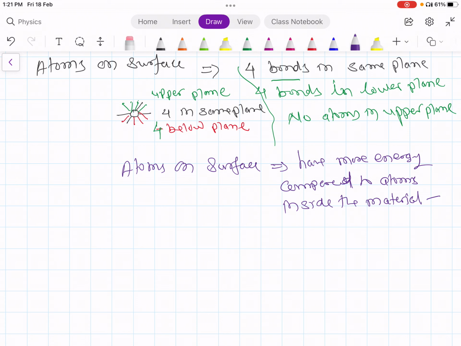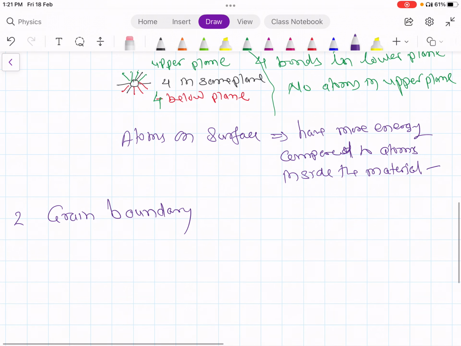Next type of surface defect is grain boundary. We have studied the grain boundary in the polycrystalline metals. In polycrystalline metals, there is a grain boundary.